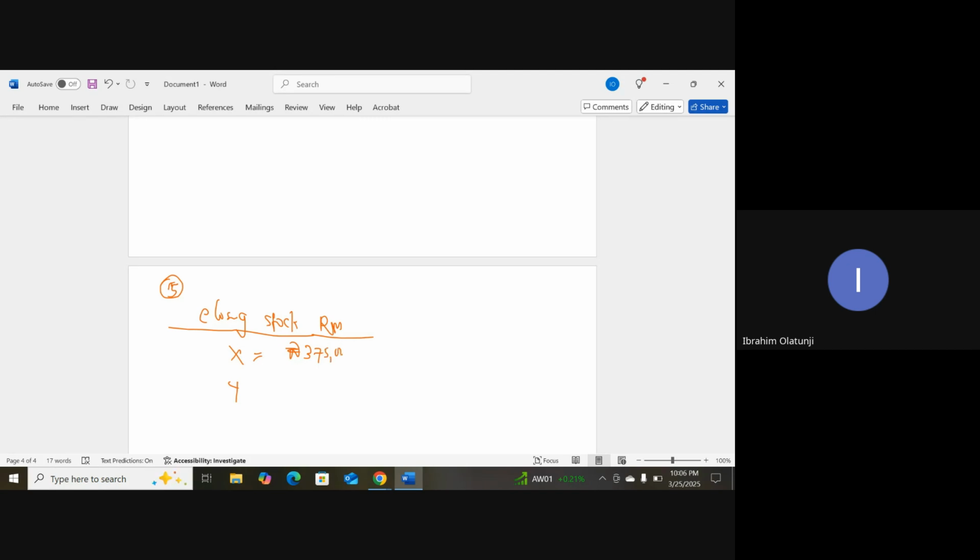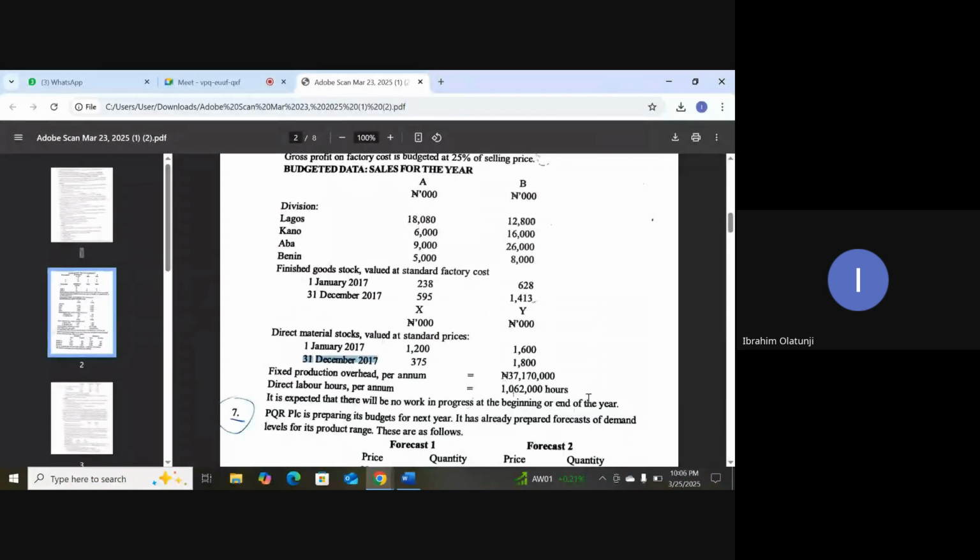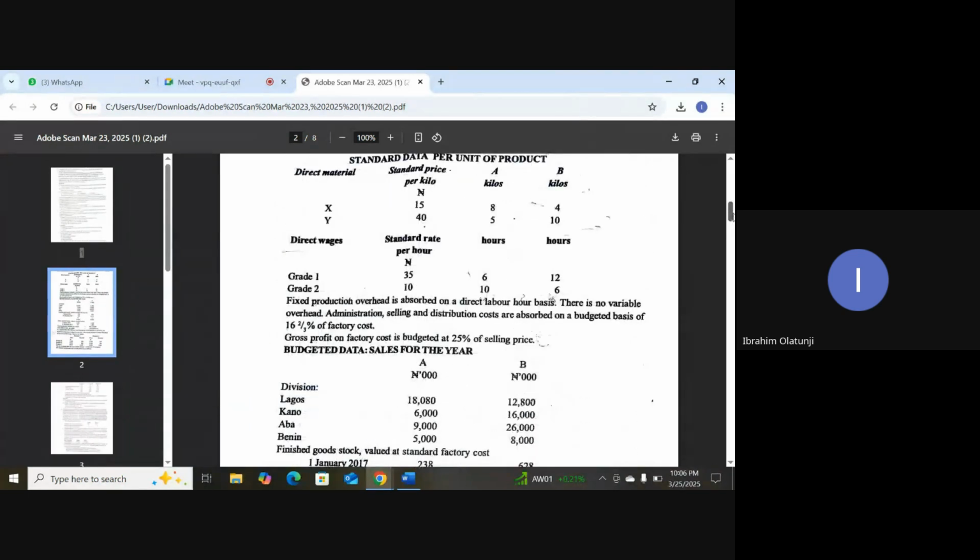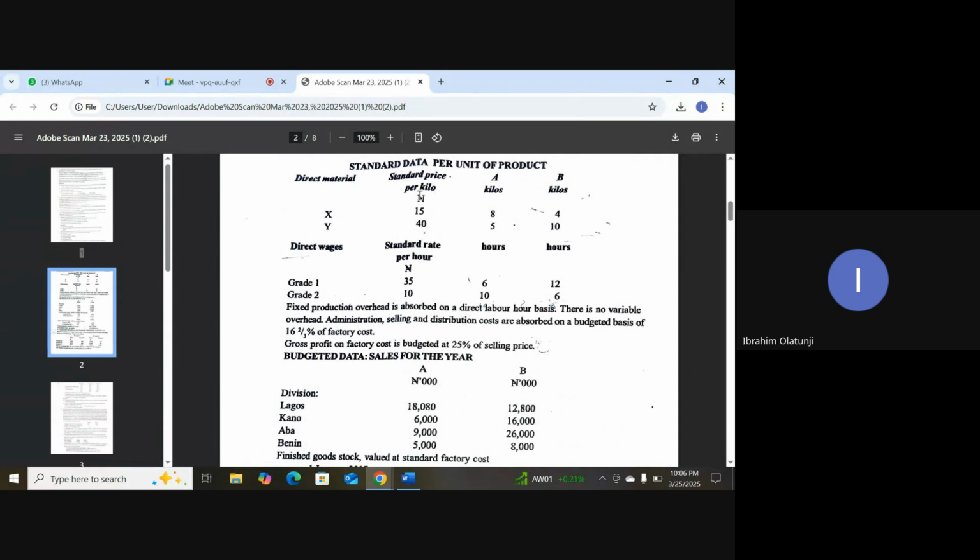And we want to get the unit in kilo, so we divide this by the rate. You can see per kilo under S is 15 naira.